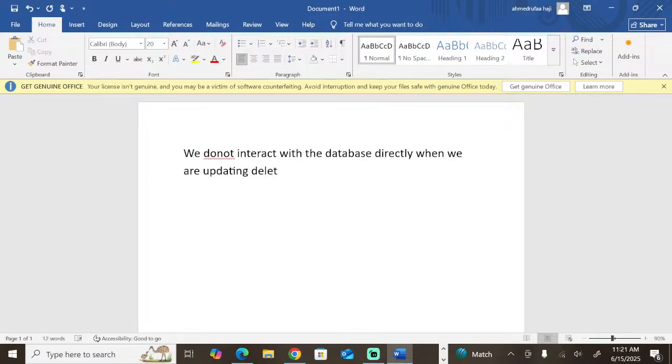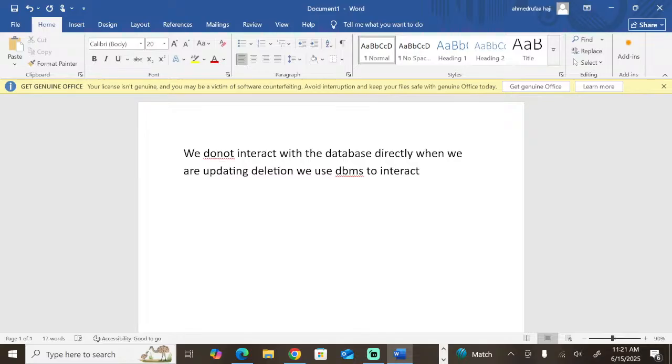If you want to store information, we do not use the database directly. That's what it means. So what do we use? We use the DBMS, the one that I have just mentioned, to interact with the database.